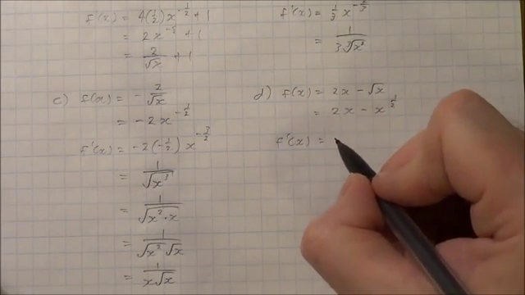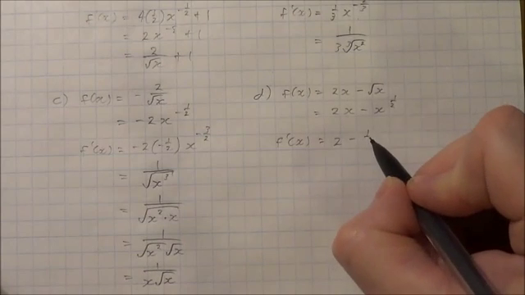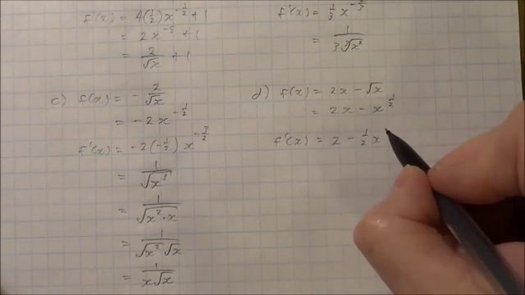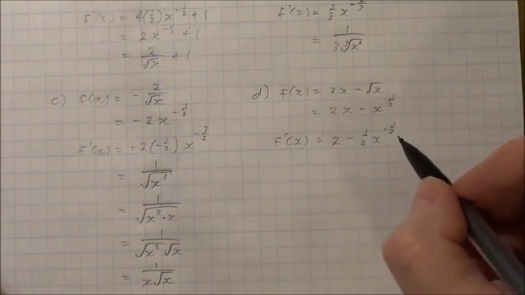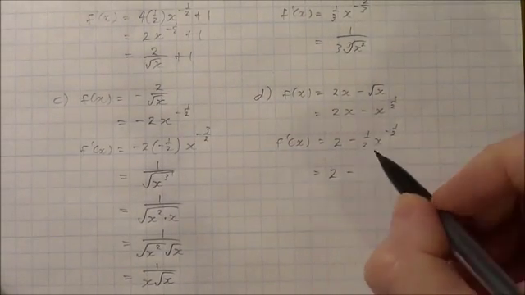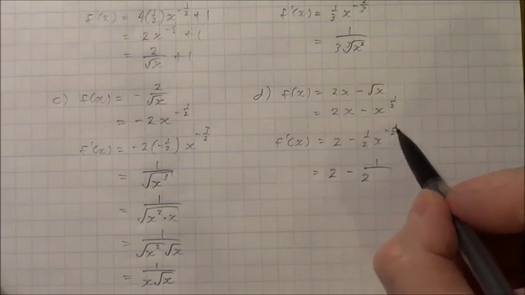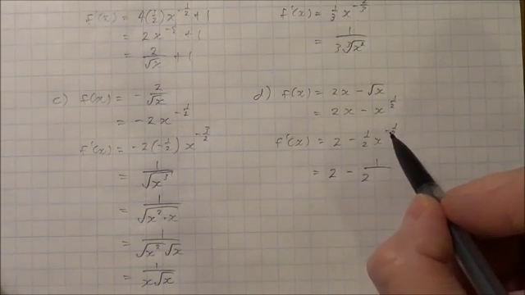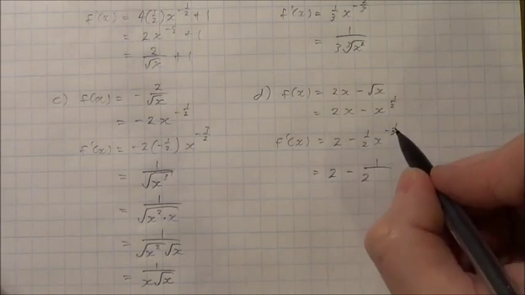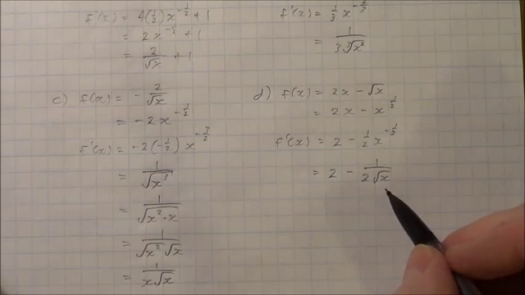The derivative of 2x is just 2, and then bring the 1/2 down in front of this and subtract 1 from the exponent to leave me with negative 1/2. So that gives me 2 minus 1 over, now this 2 is already in the denominator, and then that x to the negative 1/2 brings the x down into the denominator, and we take the square root of that to leave me with 1 over 2 root x.